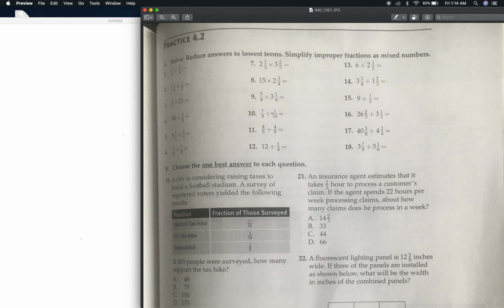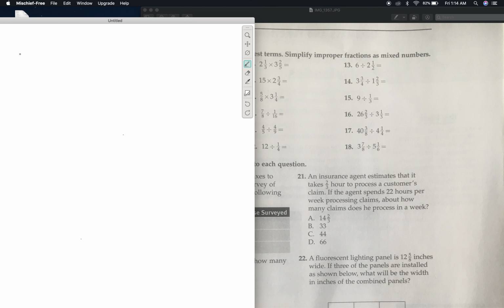Okay, so I'm going to skip this because this is a very basic one. I'll do this one here since we have to do something unique with that. So 12 divided by 1/4.